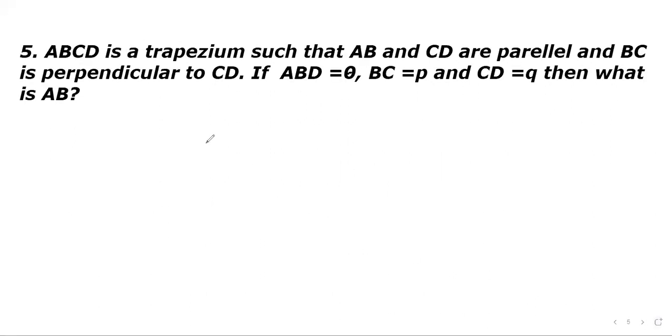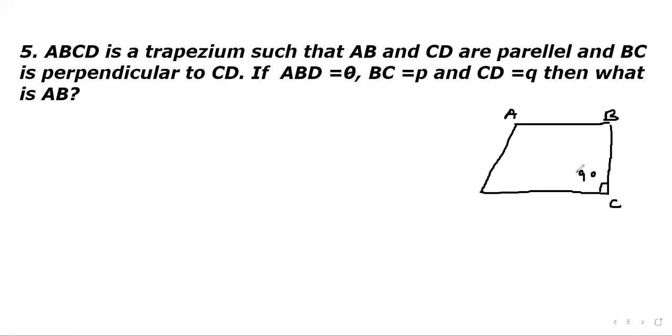Consider question number 5. ABCD is a trapezium such that AB and CD are parallel and BC is perpendicular to CD. If angle ABD is theta and BC equal to P and CD equal to Q, then what is AB? So this is a little tricky question, but you can easily do it. AB. This is perpendicular, 90 degree.